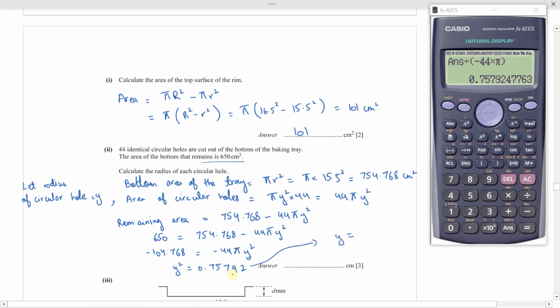So y will be the square root of this. Taking the square root, this will be 0.871 centimeter up to three significant figures. So the radius of each circular hole that you cut out is 0.871 centimeters.